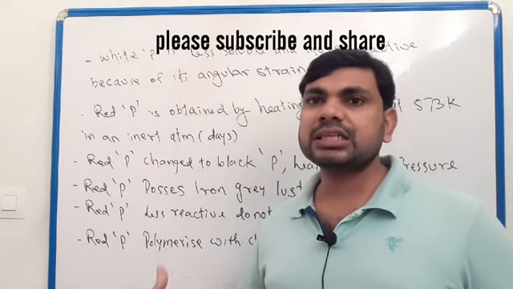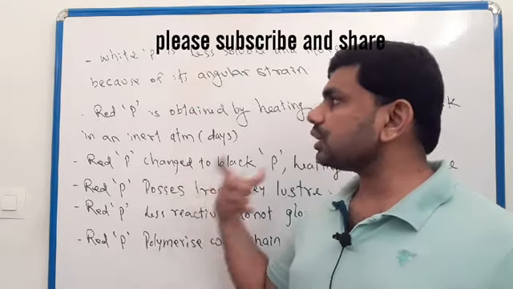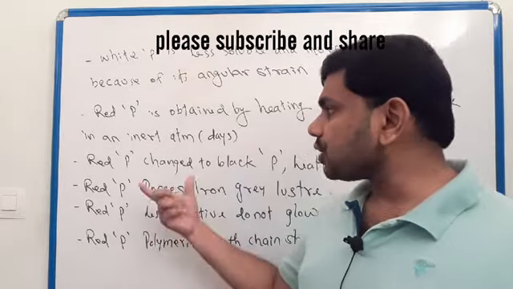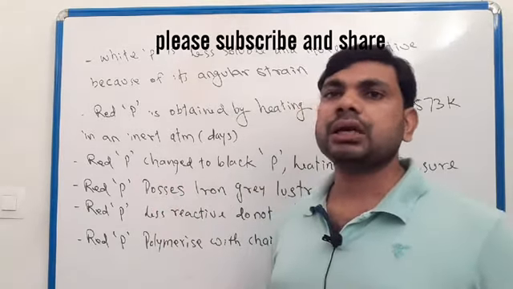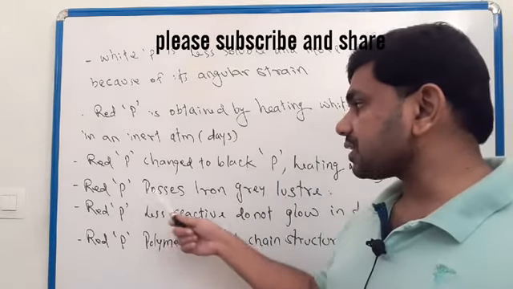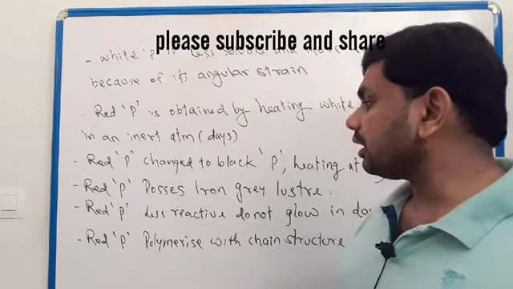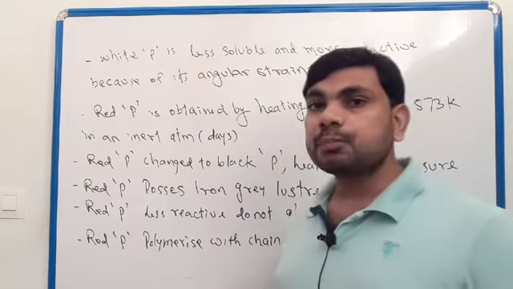We have to heat it for several days. Then white phosphorus turns to red phosphorus. Again, red phosphorus after strong heating at very high pressure will turn to black phosphorus. Red phosphorus possesses iron gray luster.